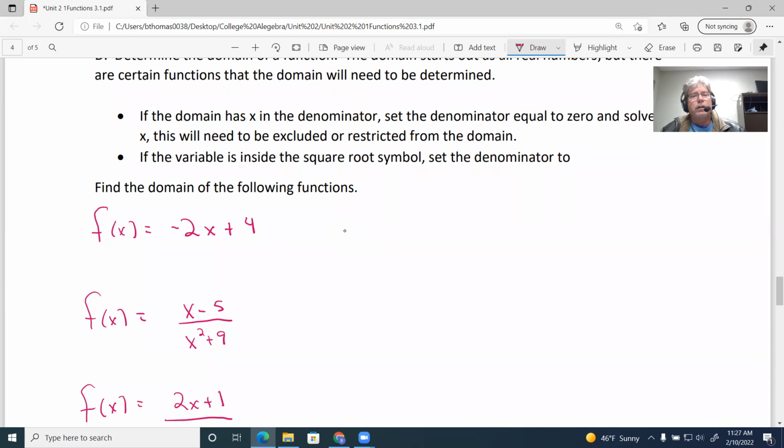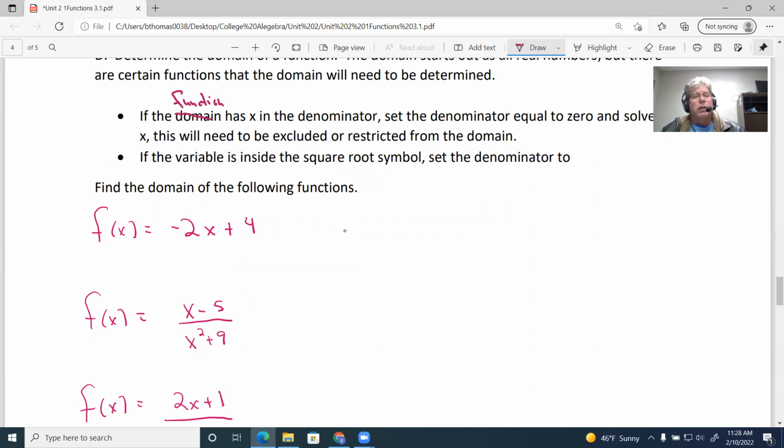If the function has x in the denominator, set the denominator equal to 0 and solve for x. This will have to be excluded from the domain. So I should have said domain here.